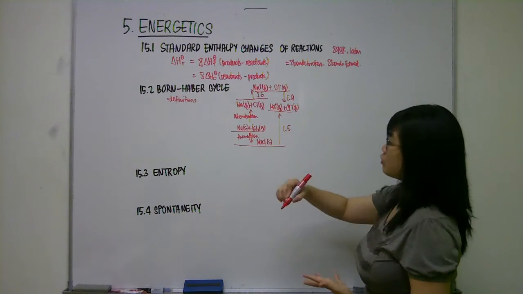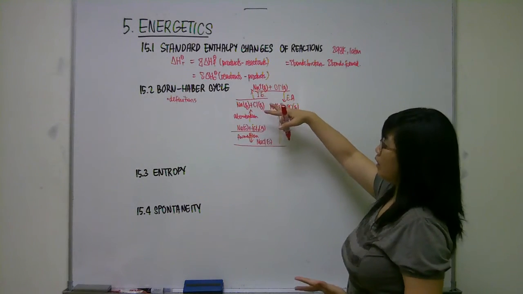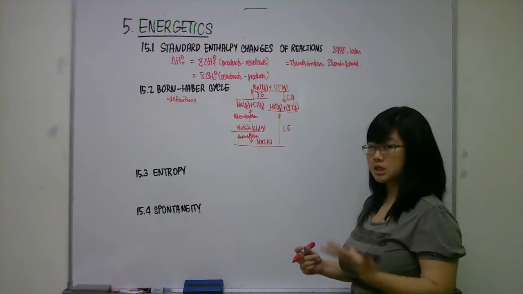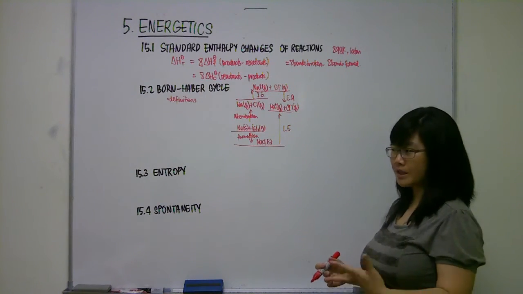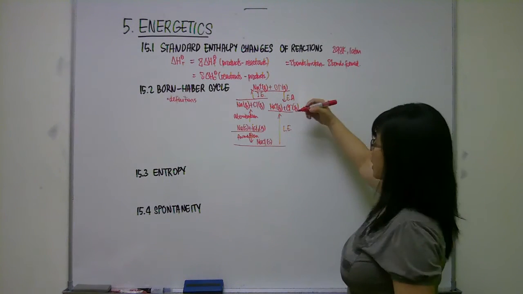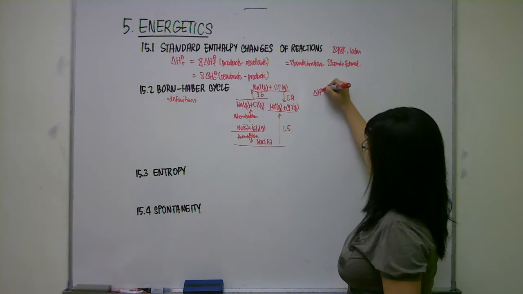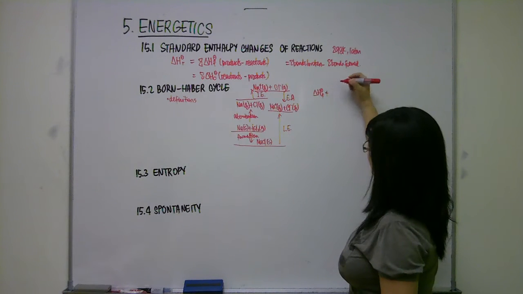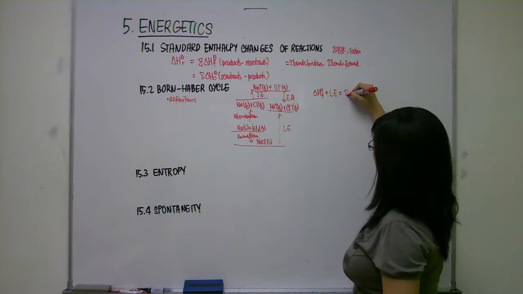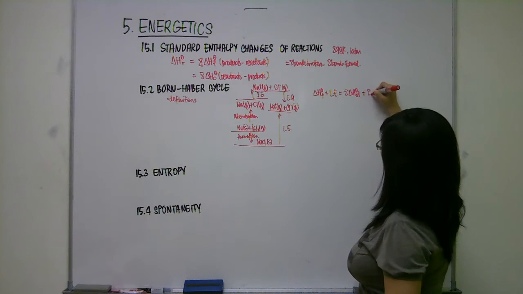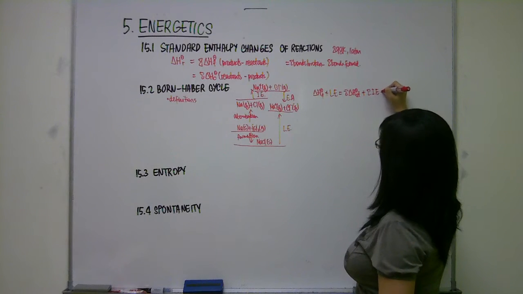Then you need to explain that it's actually just a specific cycle of a Hess's law application, and from here you can deduce that the enthalpy change of formation plus the lattice enthalpy will be equal to the sum of enthalpy change of atomization plus sum of ionization energy plus the sum of electron affinity.